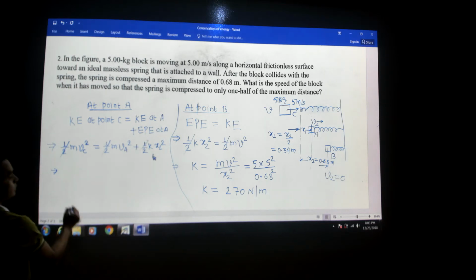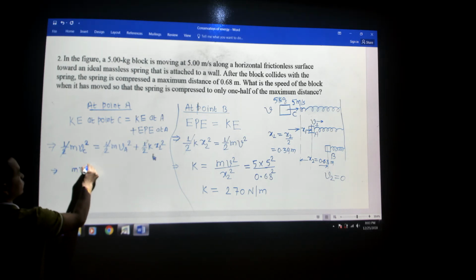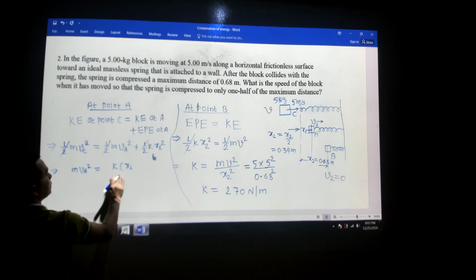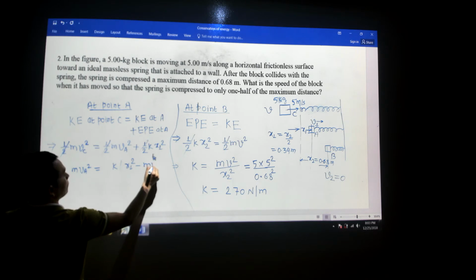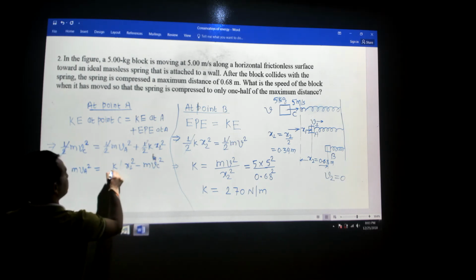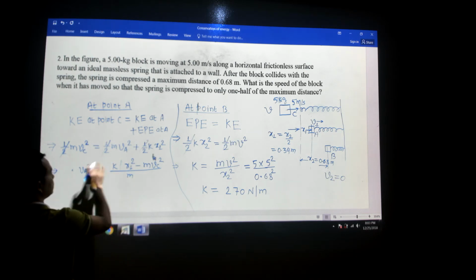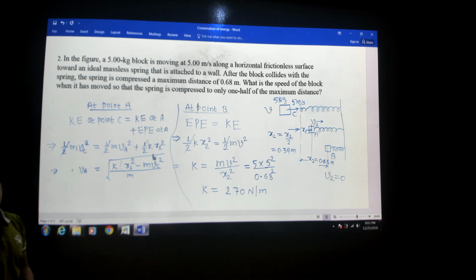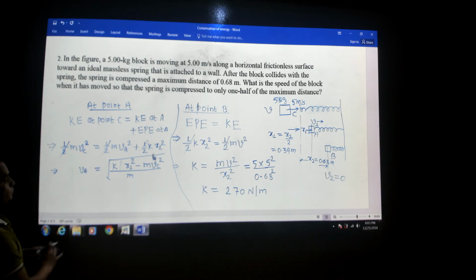Half is cancelled out, so m va square is equal to k x1 square minus m vc squared, divided by m, and then this will be the square root. So I'm just solving for va now.